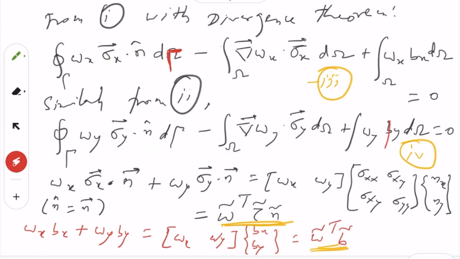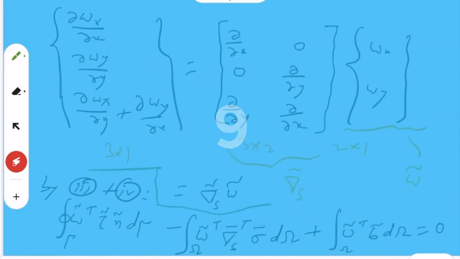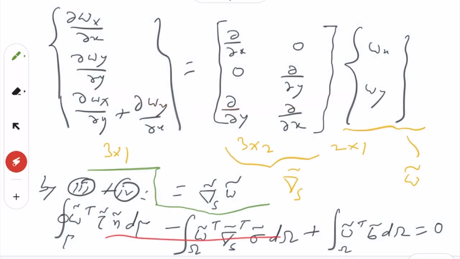How we combined, we have worked out separately. For this plus this we work out here, then this plus this we work out here, till here. So for this one we work out the whole thing from here to here, and then finally we get this equation. So this is what the weak form is. So we can write this one, right. This is the weak form.